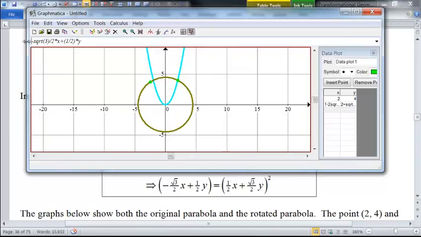I don't think I need this, but I'm going to put these parentheses in here. And that's supposed to equal this. I do need parentheses, and then 1/2 times x plus square root of 3 divided by 2 times y, close parentheses, power 2. Okay, hopefully that does it.